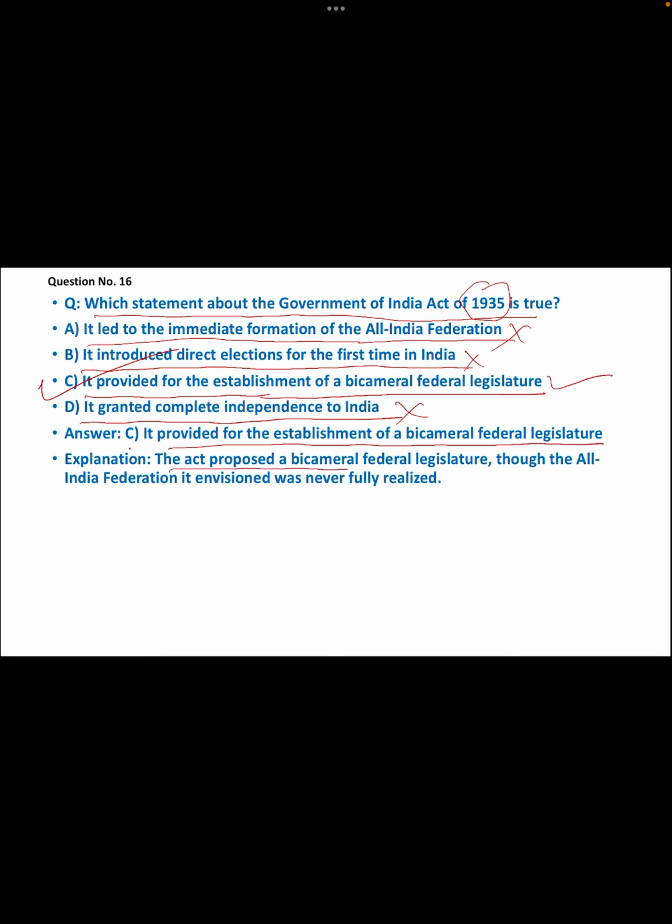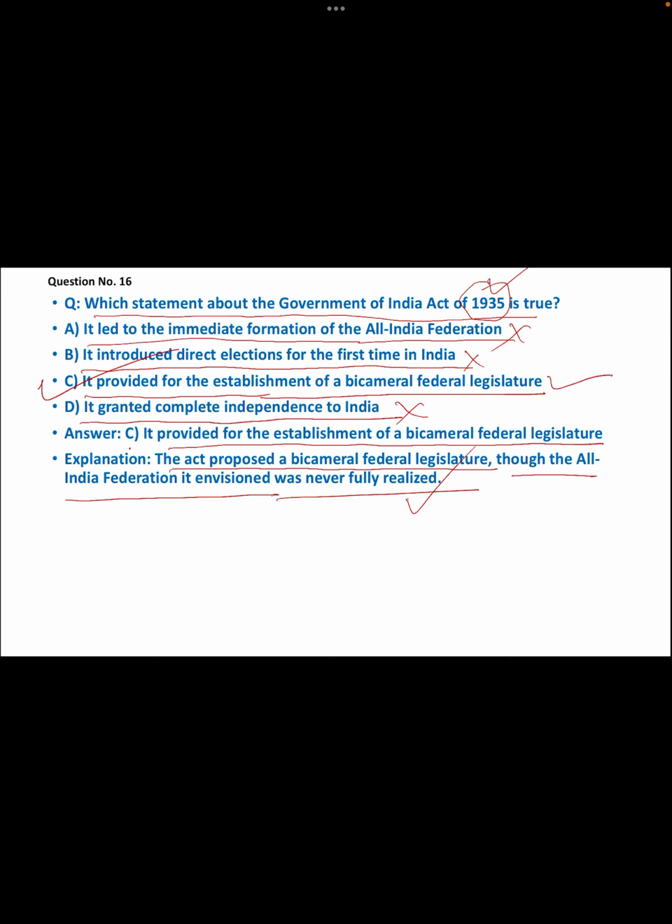The Act proposed a bicameral legislature, though the All India Federation it envisioned was never fully realized. So it had certain very important provisions. There were many important provisions in the Government of India Act 1935 which were not implemented in India.